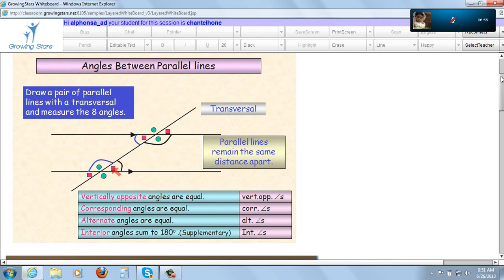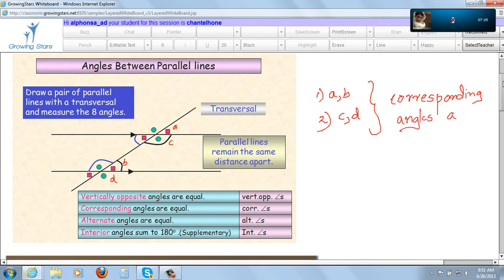For example, let us name the pairs A, B and C, D. These are corresponding angles, and they are also congruent.